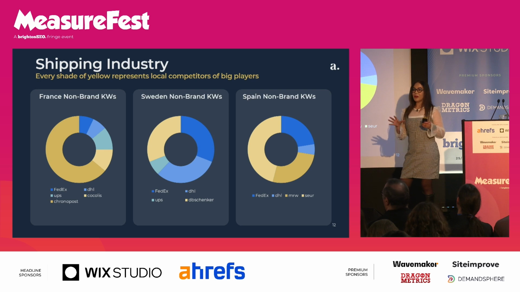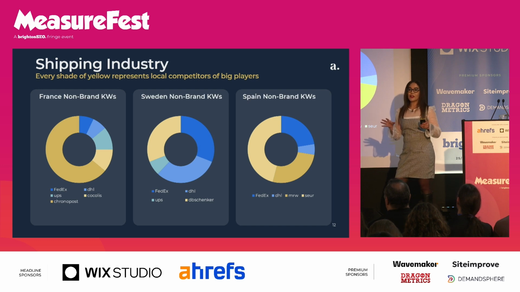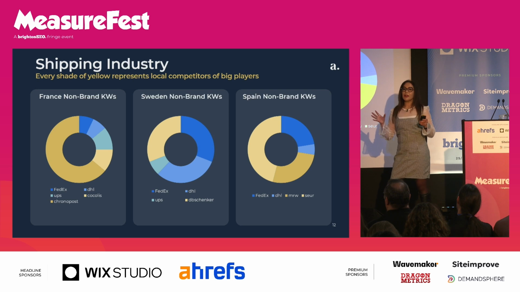Anything you see in yellow there is non-branded keywords that those local competitors that are not really well known elsewhere are ranking for highly on page 1, and the main big names of the shipping industry are not. And these are terms in the local language.